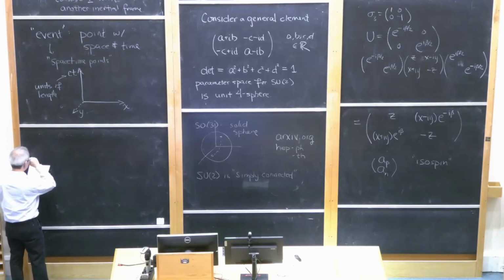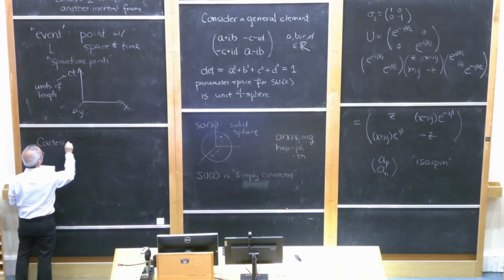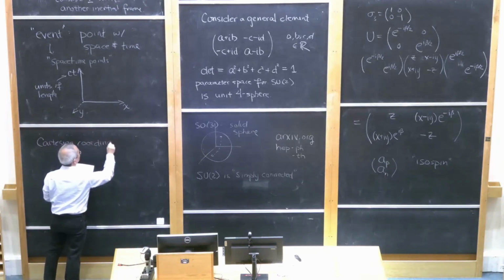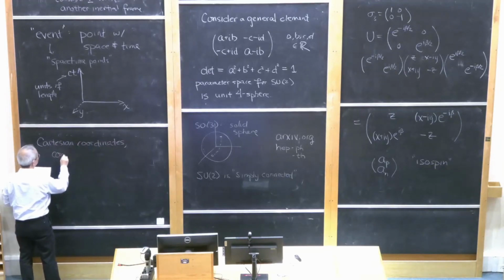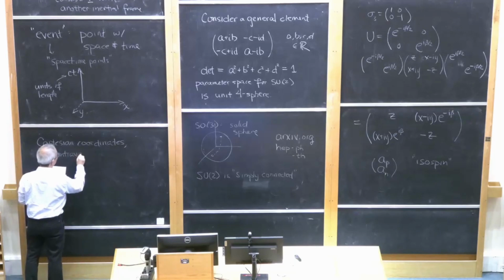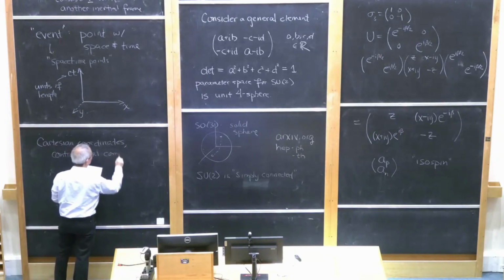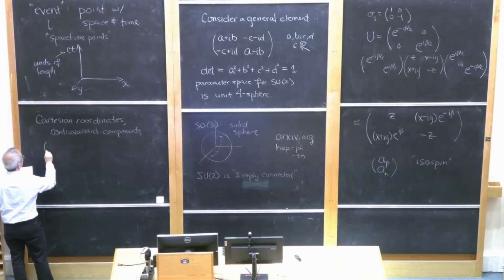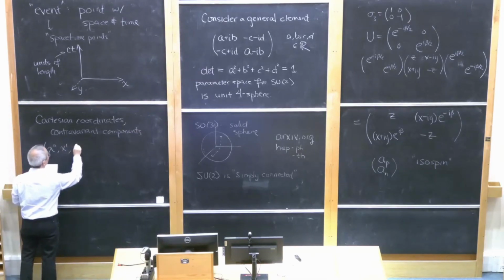So if we're talking about Cartesian coordinates, and we'll deal with the contravariant vector, or contravariant components. Obviously, using the stuff that we were doing before, you'll write it this way.